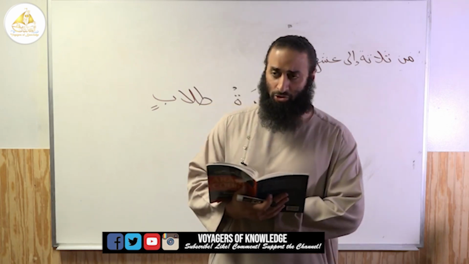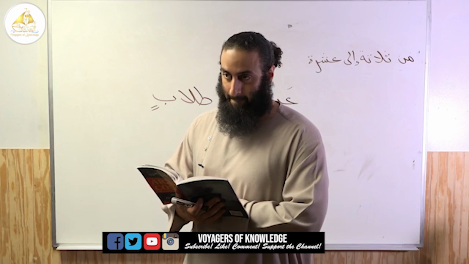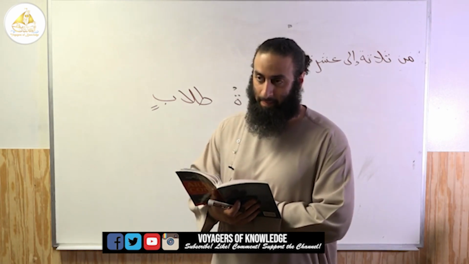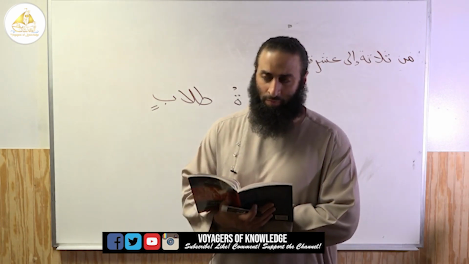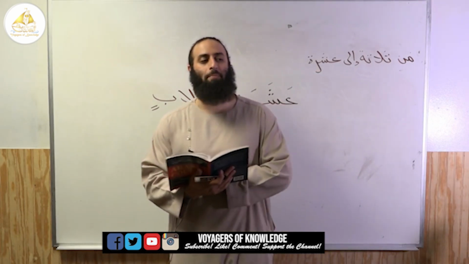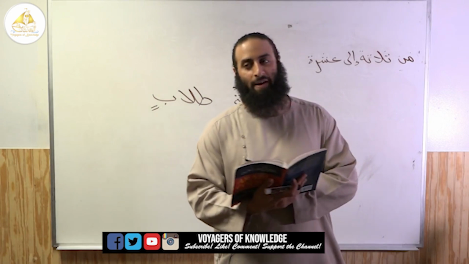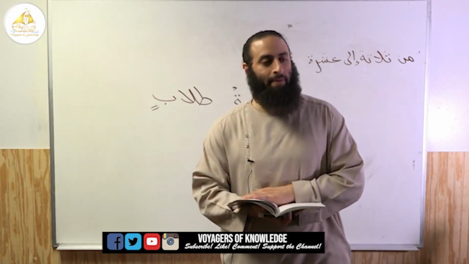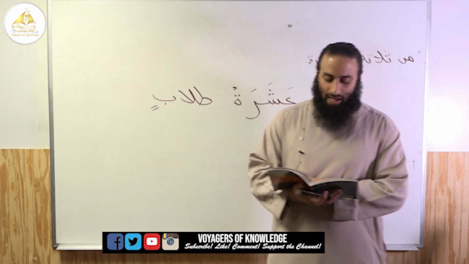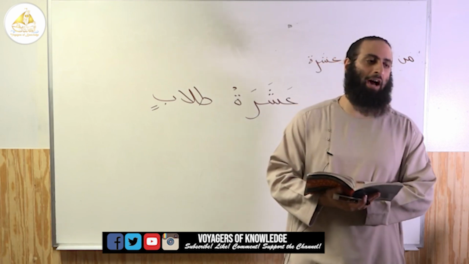How many uncles do you have, Layla? What's she going to say? لي أربعة, just with one dhamma. The plural of am is a'mam. Li arba'atu a'mamin. All right? Kam amman laki ya Layla? How many uncles do you have, Layla? Li arba'atu a'mamin. I have 4 uncles.